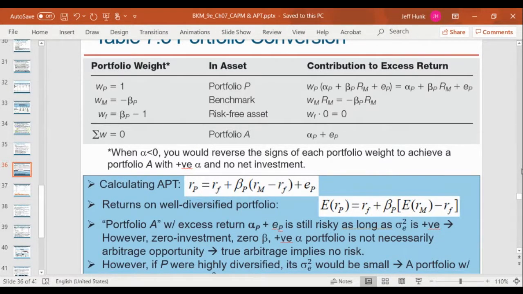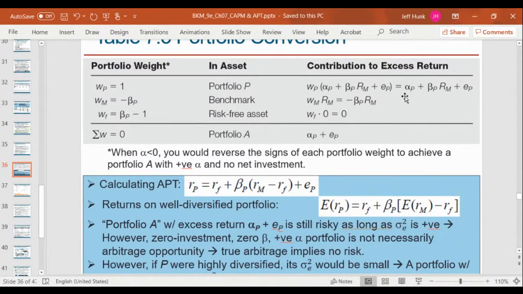And let's take a look at the contribution to excess return. Of course, the contribution to the excess return from our portfolio, and in the example, this will be the S&P 500, will be the systematic part and the non-systematic part.